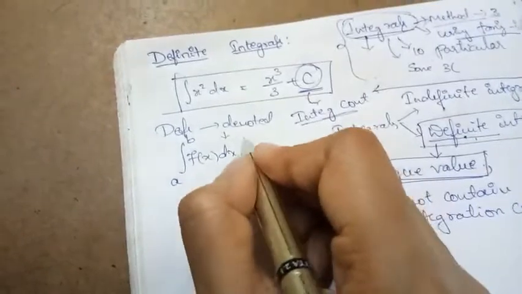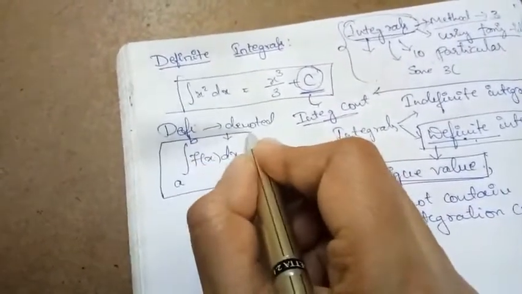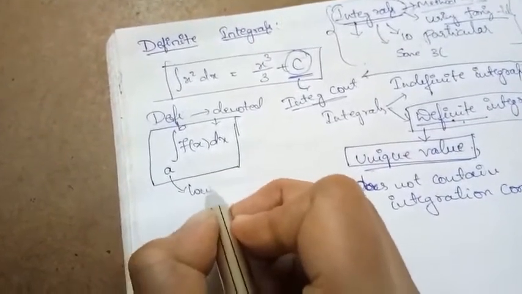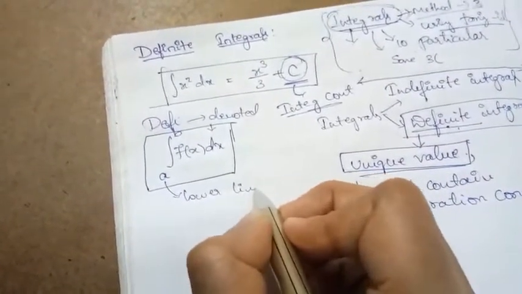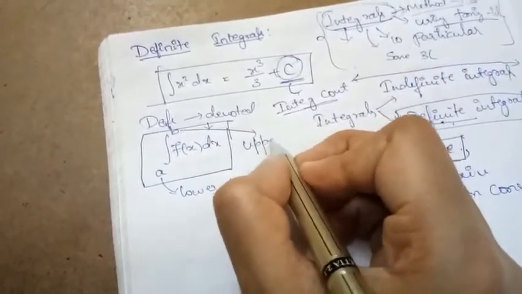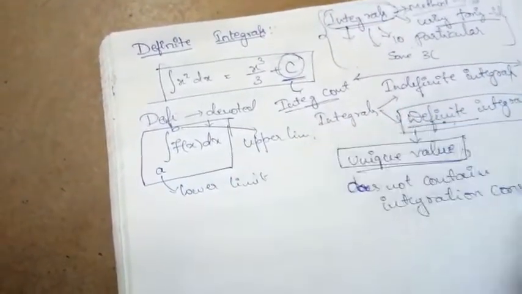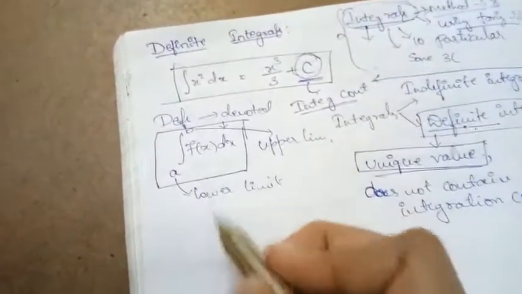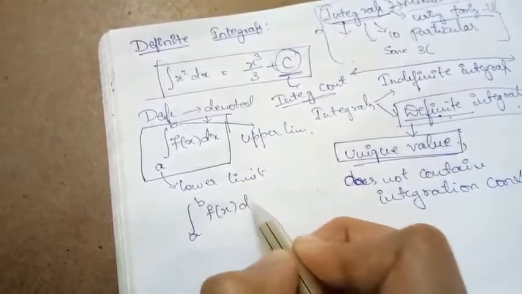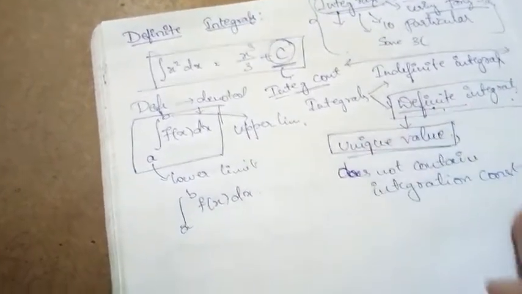This is how we represent a definite integral, where a is the lower limit and b is the upper limit of the given integral.